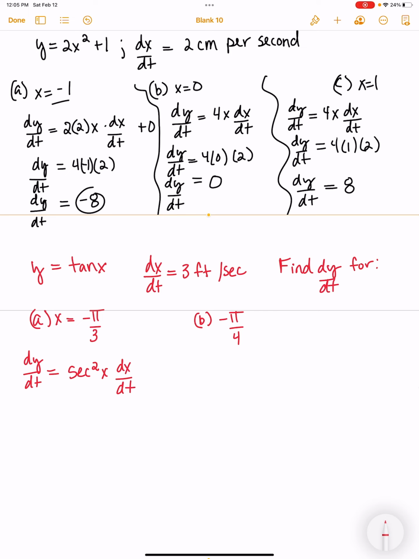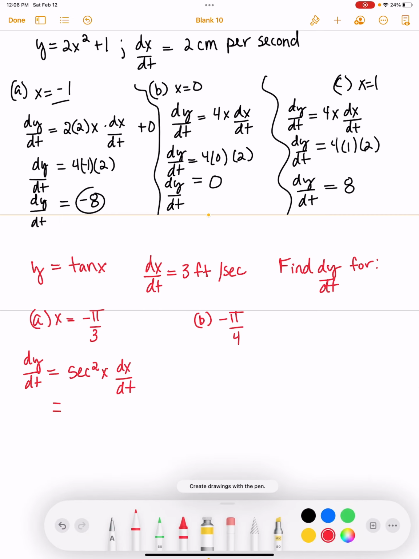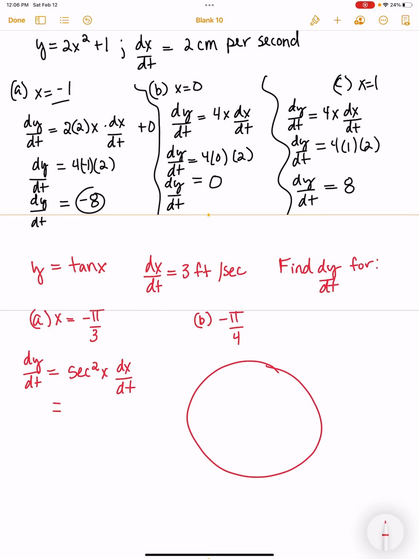Okay, so let's go ahead and plug in. Let's look at our unit circle, because we're going to be looking for -pi/3.